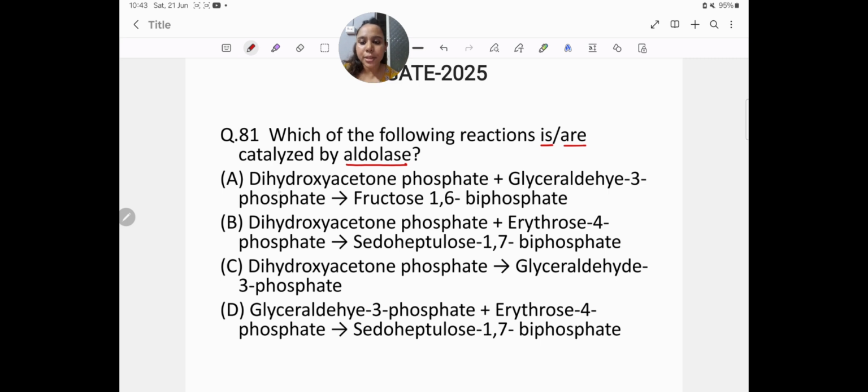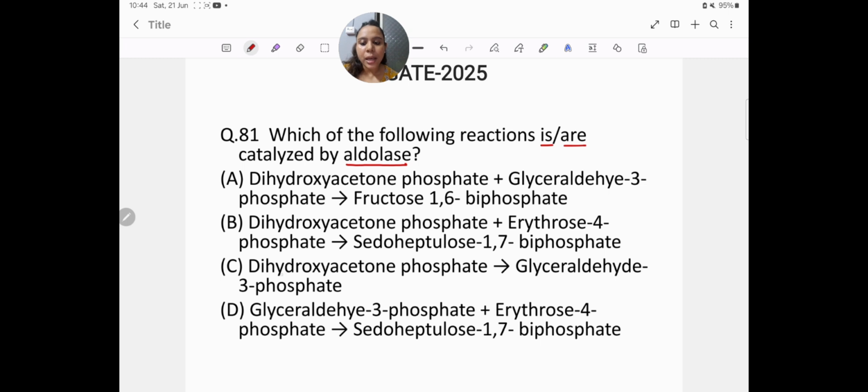And the options: dihydroxyacetone phosphate plus glyceraldehyde 3-phosphate to fructose 1,6-bisphosphate. First option is that. Second option, dihydroxyacetone phosphate plus erythrose 4-phosphate to pseudoheptulose 1,7-bisphosphate.